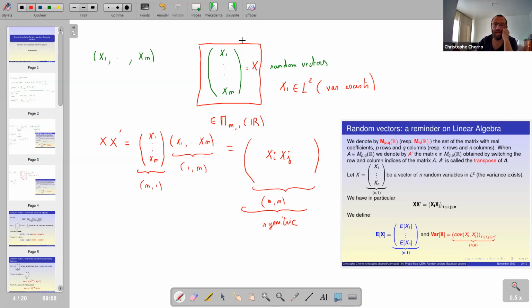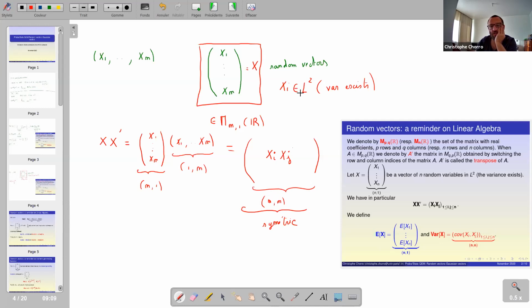When I have a random vector, I will be able to extend what we have done in the case of a single random variable, that is to define its expectation and its variance.